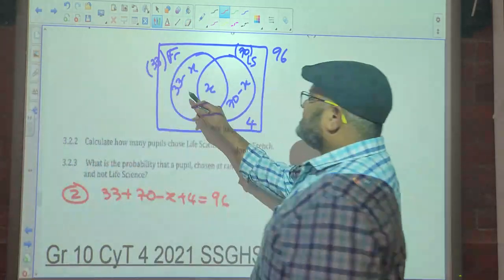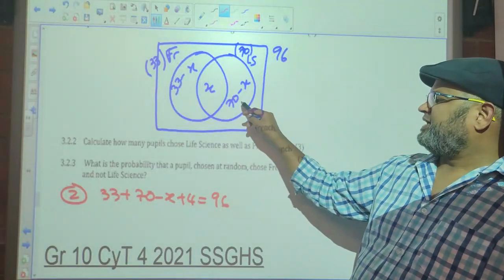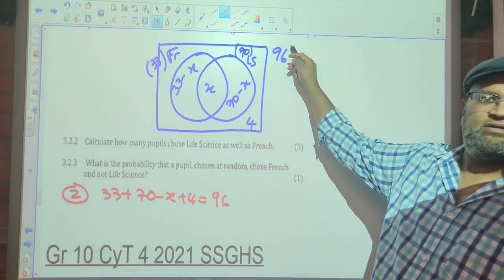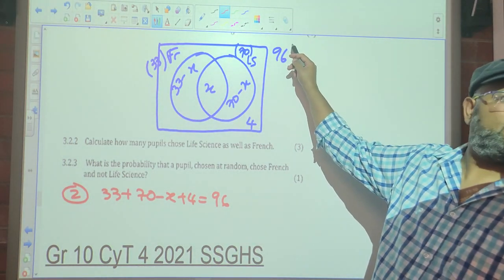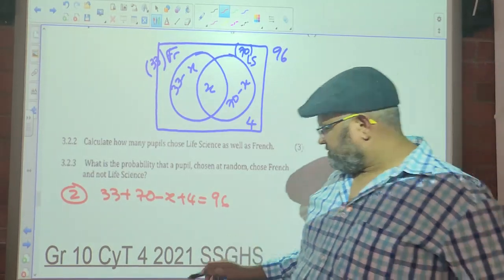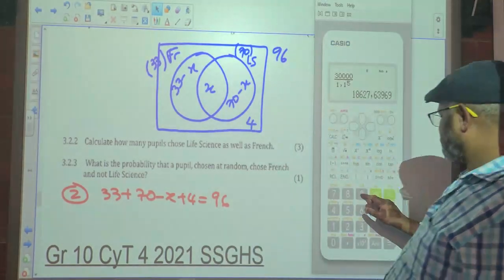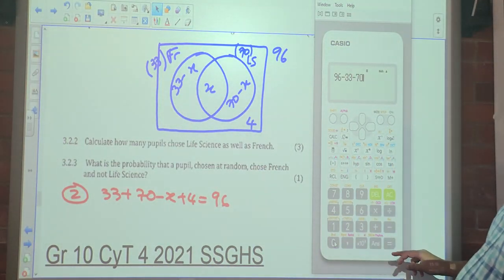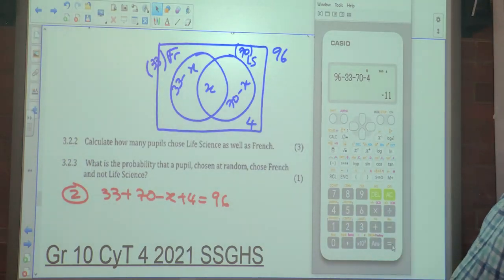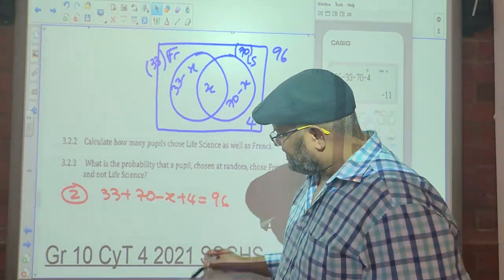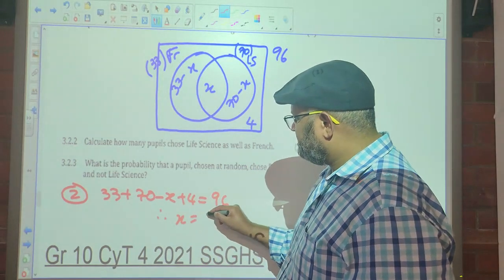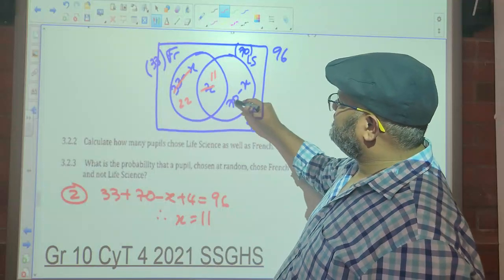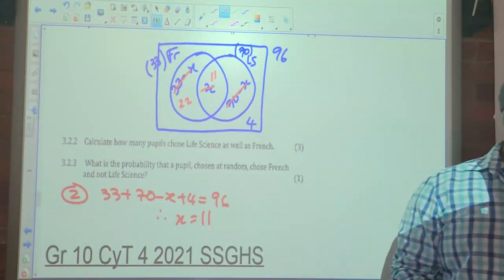Or I could have said 33 plus 70 minus X plus 4 is equal to 96. The same thing. Right? You guys understand? So we will say 96 minus 33 minus 70 minus 4 gives us negative 11. So negative X is equal to negative 11. Therefore X is equal to 11. So this of course is going to be 11, 22. What's 70 minus 11? 59.